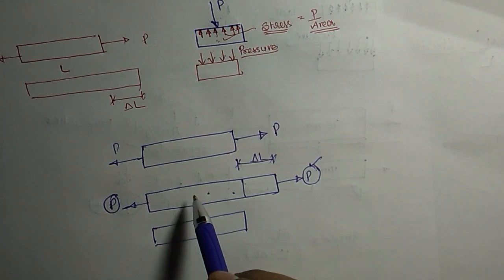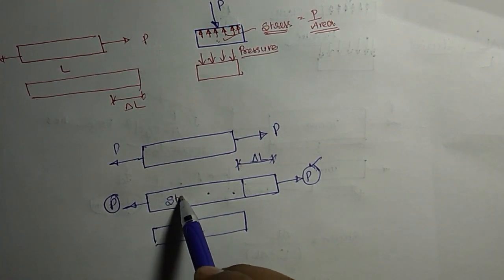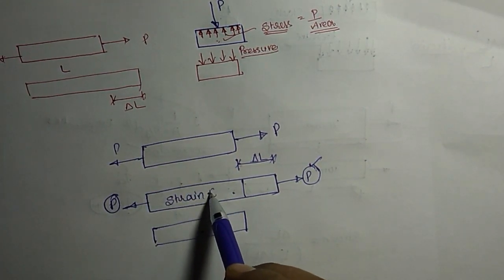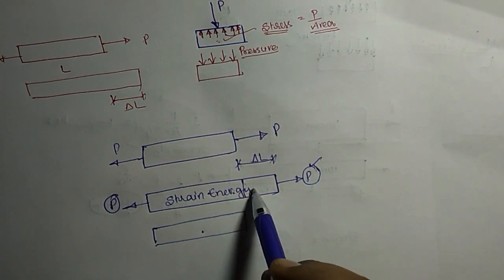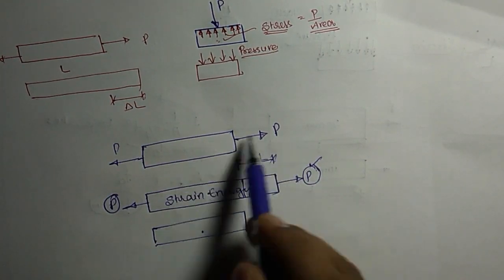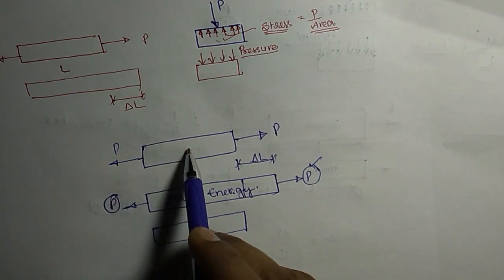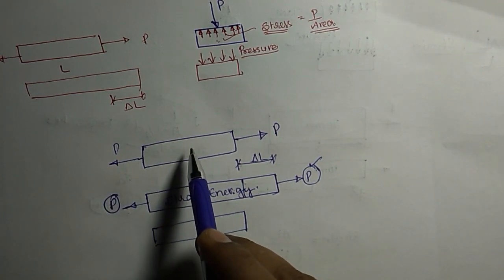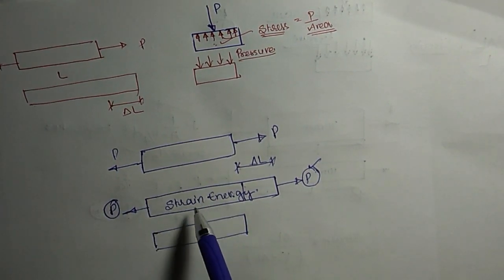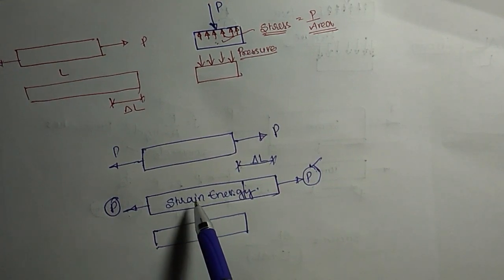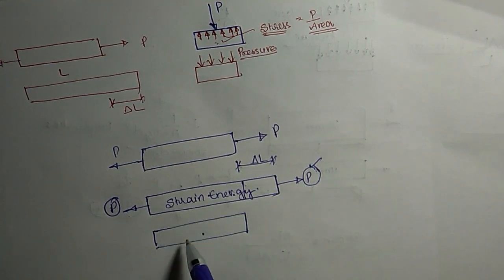That energy we call strain energy. When we apply a force on a metal, inside this metal it develops an energy, that energy we call strain energy, using which it regains its original shape and size.